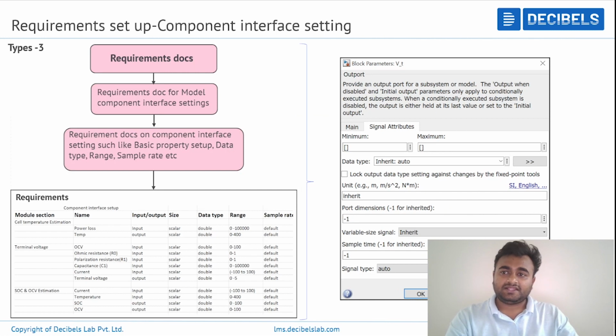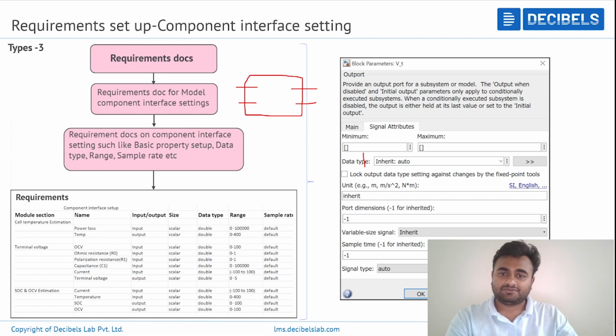Then there is type 3, which has the data related to the interfaces of your component. When we talk about a subsystem, it contains inputs and outputs. Each input and output has to have some properties.